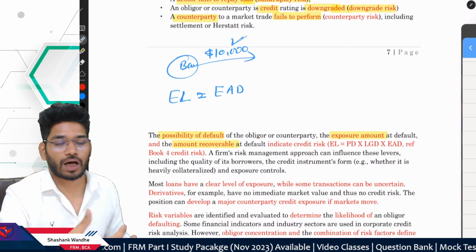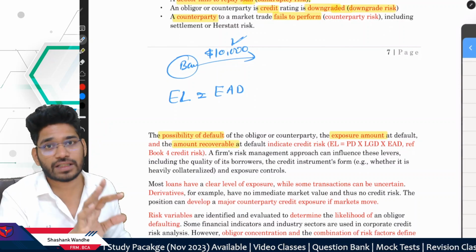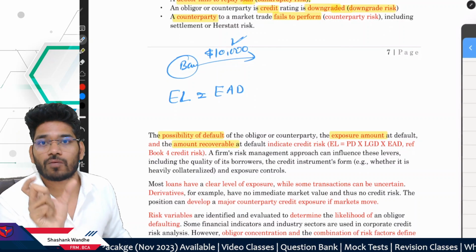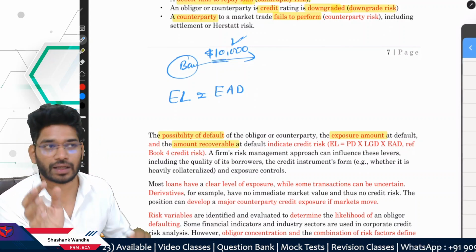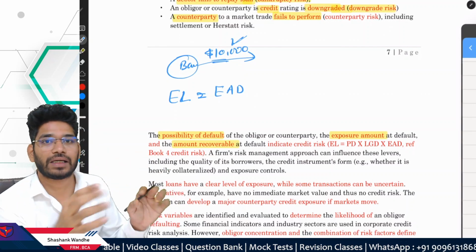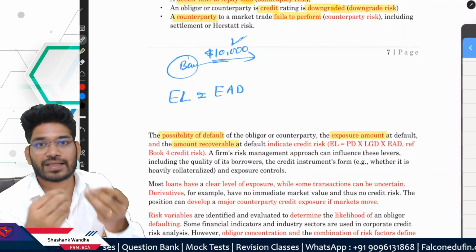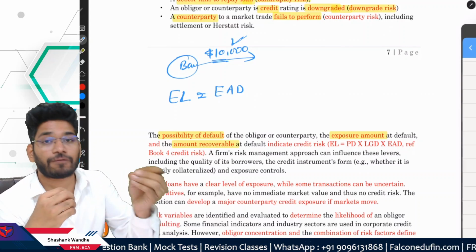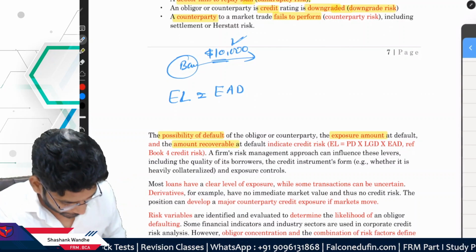Exposure means how much the bank has as a receivable from the counterparty. If that counterparty defaults and the bank recovers nothing, then whatever the amount is, which is 10,000, is the exposure for the bank. If the bank provides a loan worth 10 million, then the exposure is 10 million. Simple. This is known as the exposure at default, EAD.